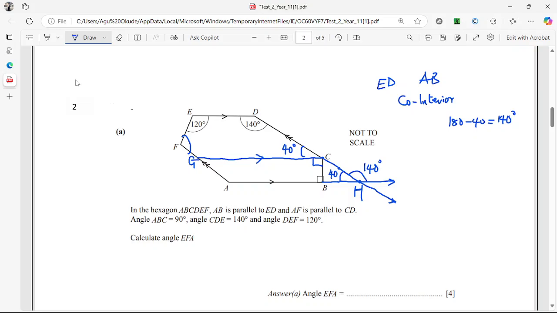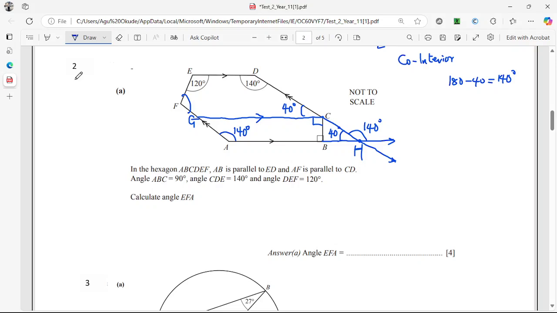Now you can see that because line DH is parallel to line FA, the angle over here corresponds to 140. The reason is line DH is parallel to line FA, so the angle over here corresponds to the angle over here as well. So this is 140 degrees.